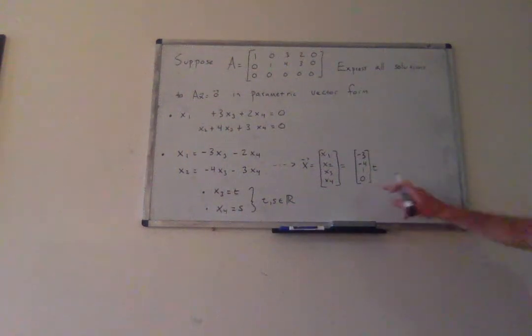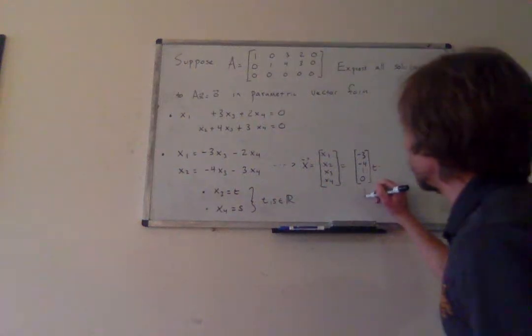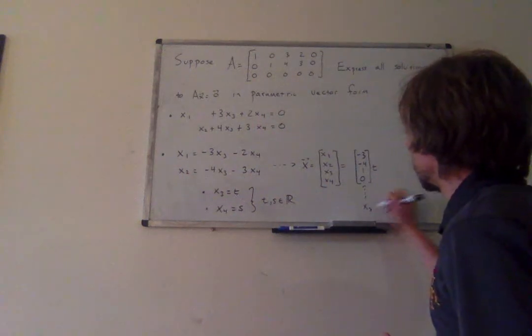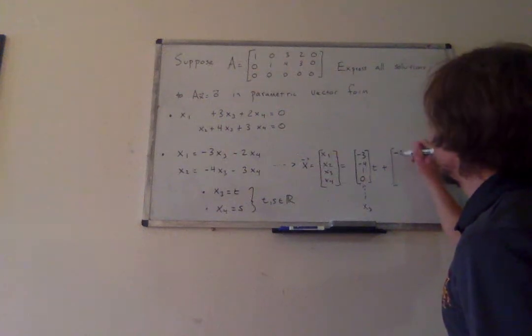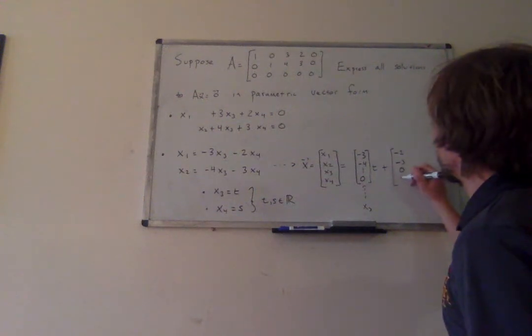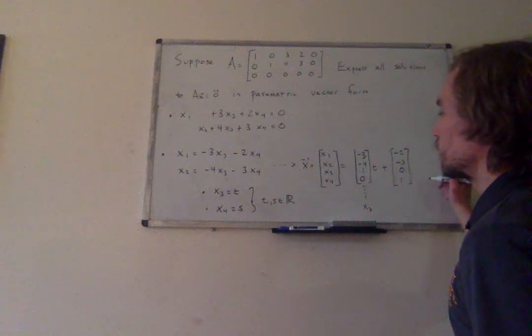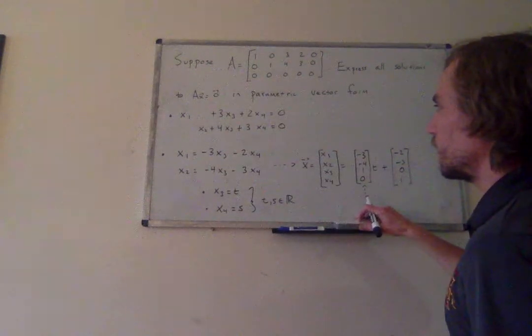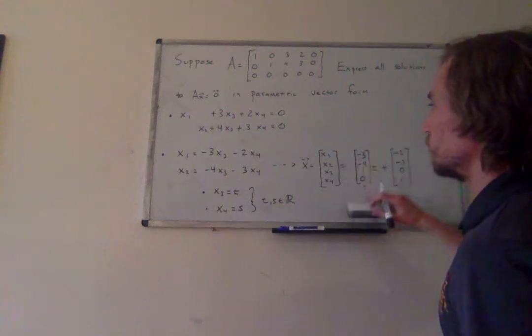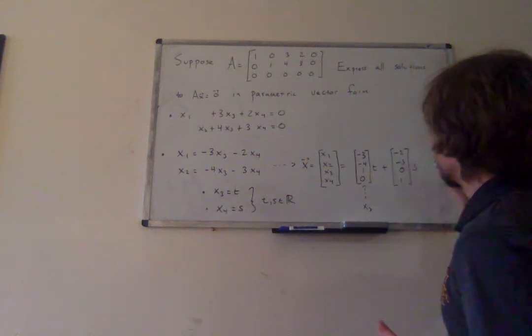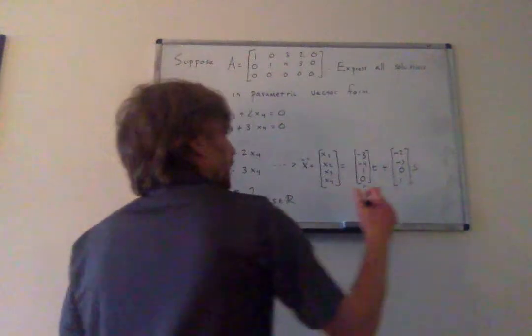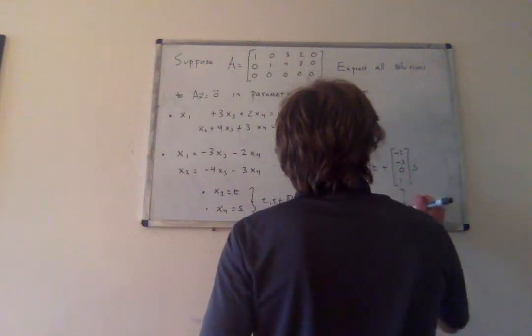So there would be my vector relating to x3. And then I just do the same thing, but for x4. Oops, and I think no, that's correct, yes, okay. And so this would be my solution in parametric vector form.